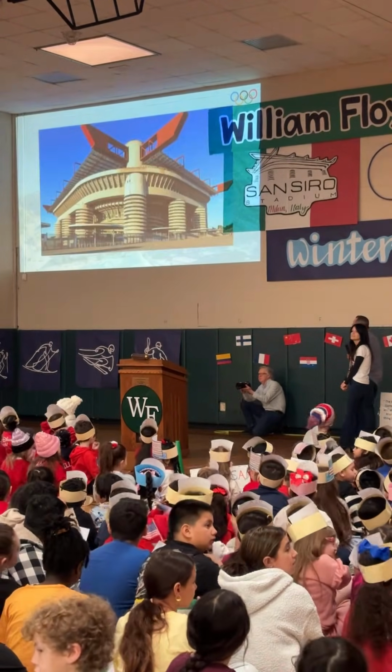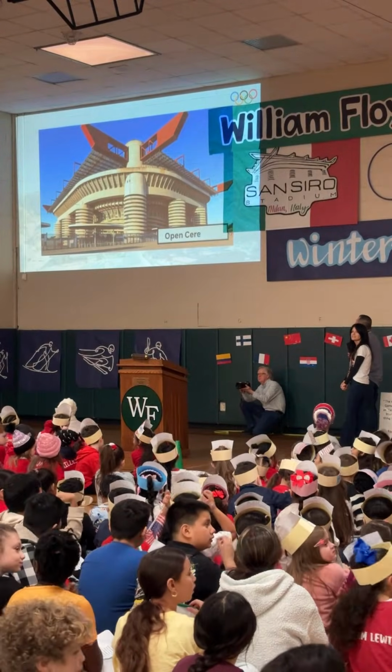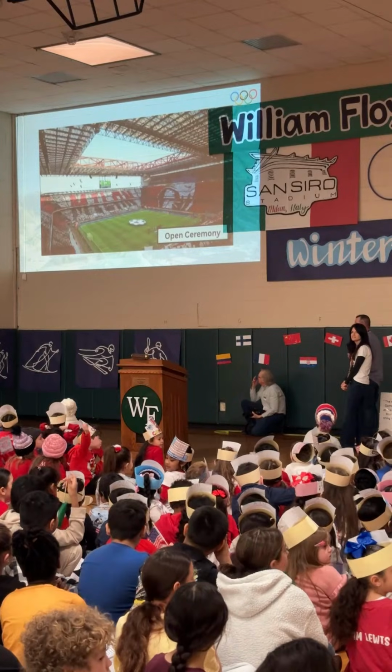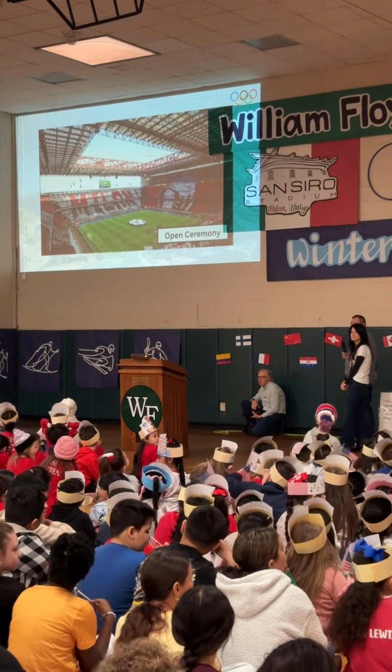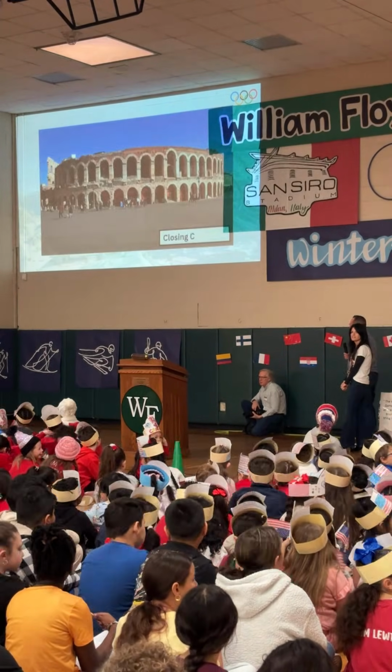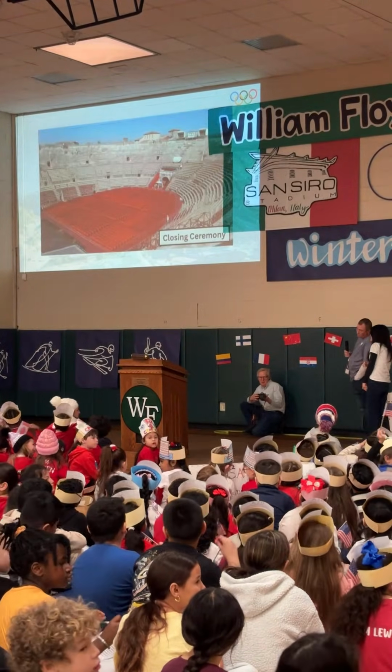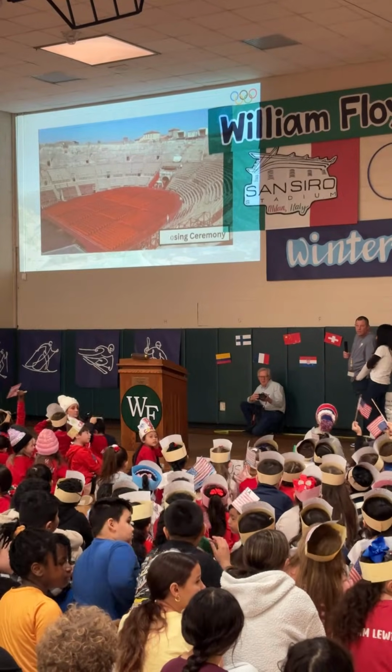So, where exactly will the action take place? In Milan, the iconic San Siro Stadium, usually home to AC Milan and Inter Milan, will host a spectacular opening ceremony. Meanwhile, the closing ceremony will unfold in Verona's ancient Arena, a breathtaking 2,000-year-old architectural wonder.